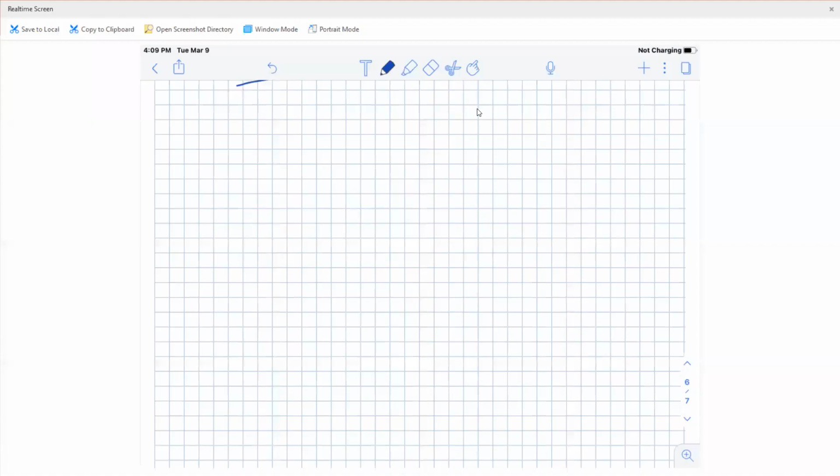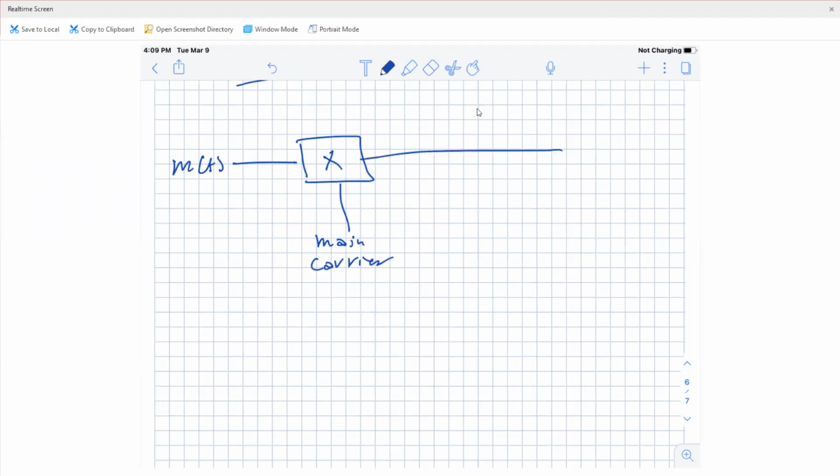Look, please. At the beginning, we have m of t, multiplied by main carrier. Then it will be multiplied by what?